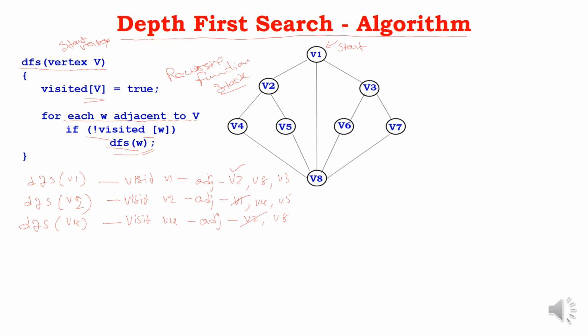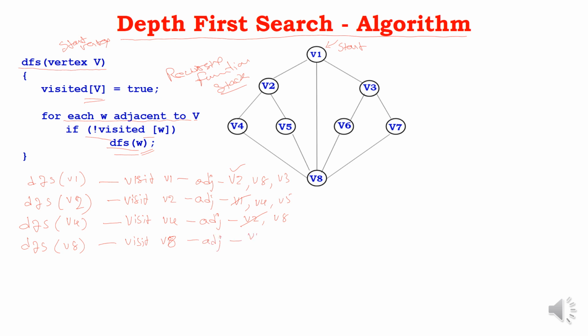V2 is already visited, so there is only one adjacent vertex, V8. So call DFS V8. Whenever you call the DFS function, automatically it will be visited.